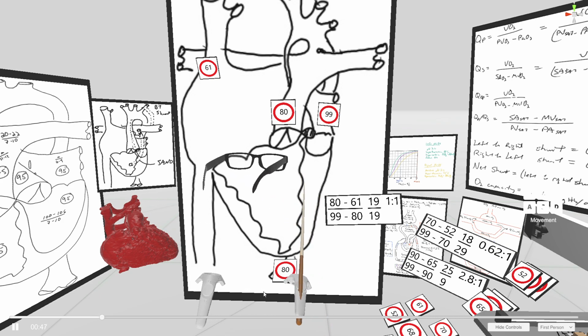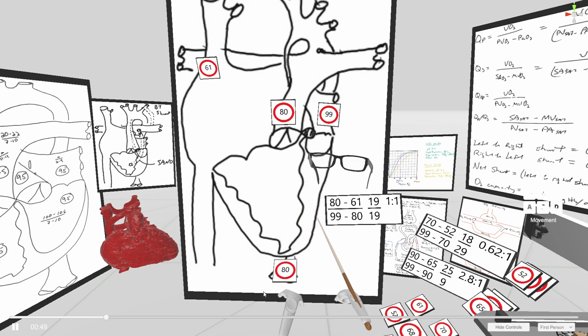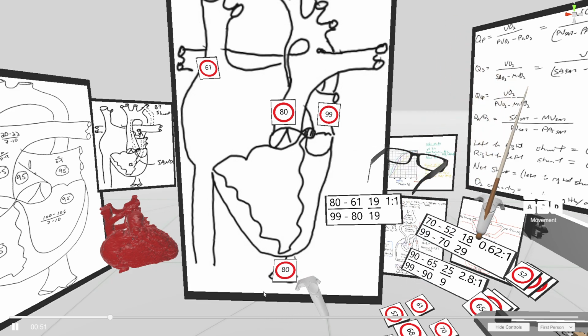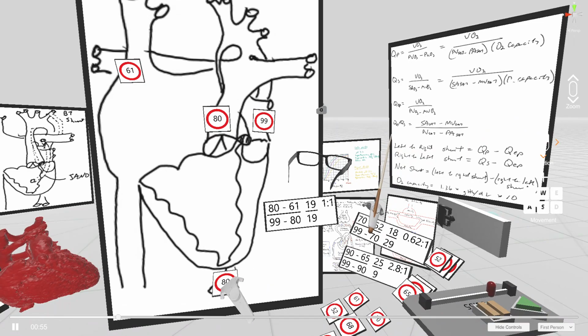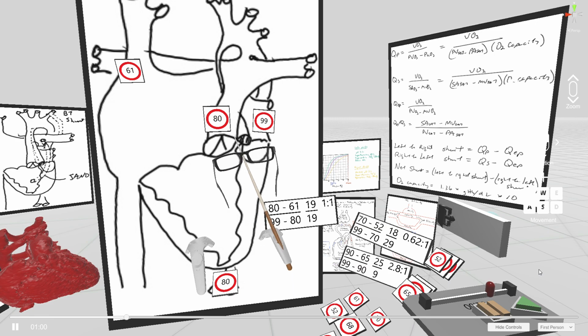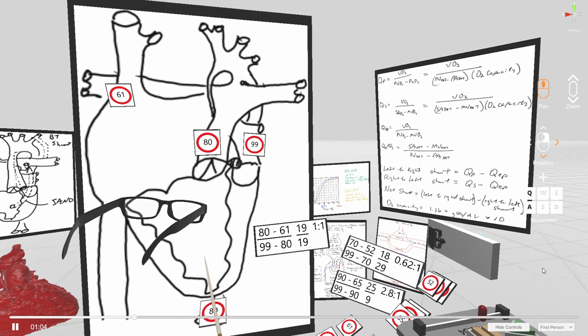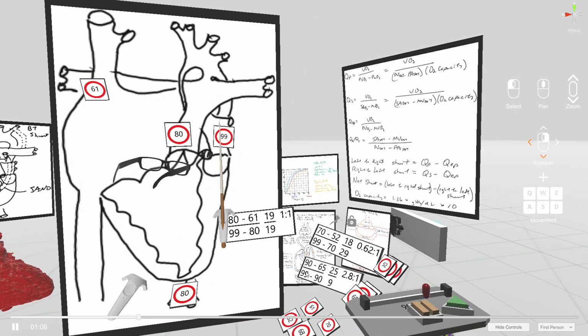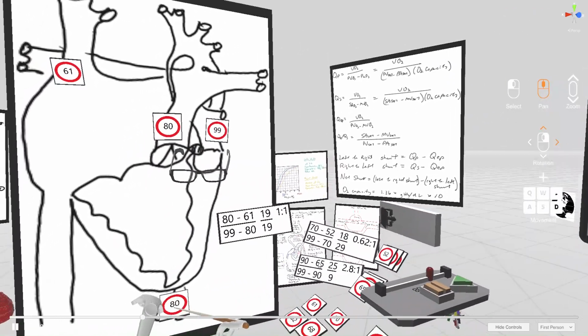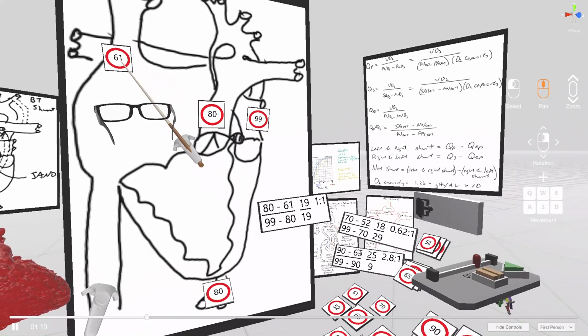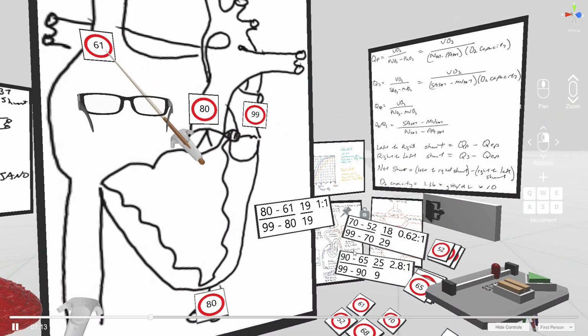So a couple things. This is our Fick equation here. And so we reviewed this previously in the oxygen in the blood series, but what we're going to go through here is the simplified equation to get us to the relative flow to the lungs compared to the systemic circulation. You take the systemic saturation, which in this case is 80%, minus the mixed venous saturation, which is returning to the heart.